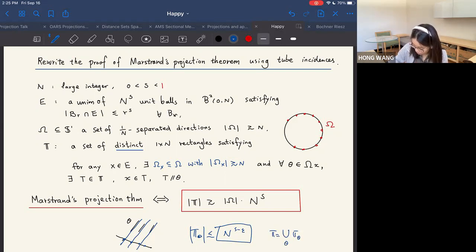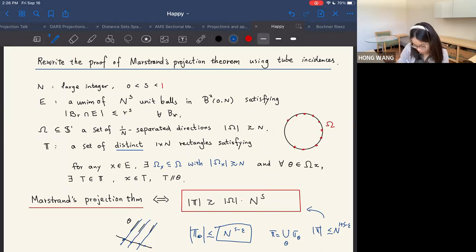Then the number of tubes in this T will be less than n to the 1 plus s minus epsilon, and this will contradict our incidence bound.